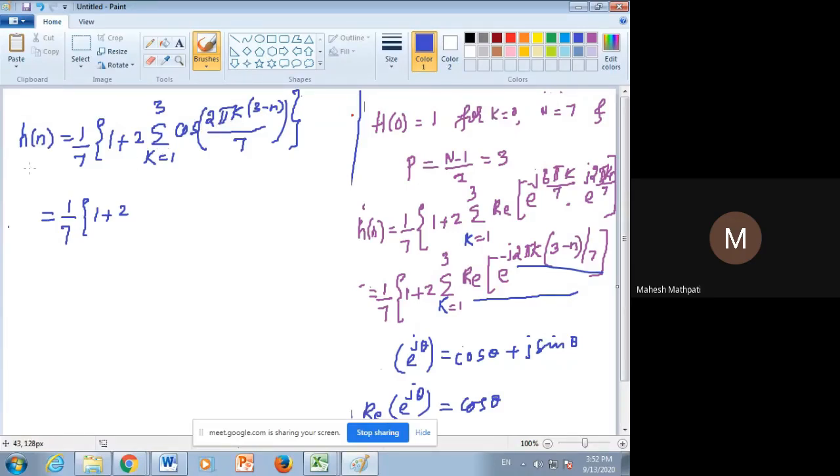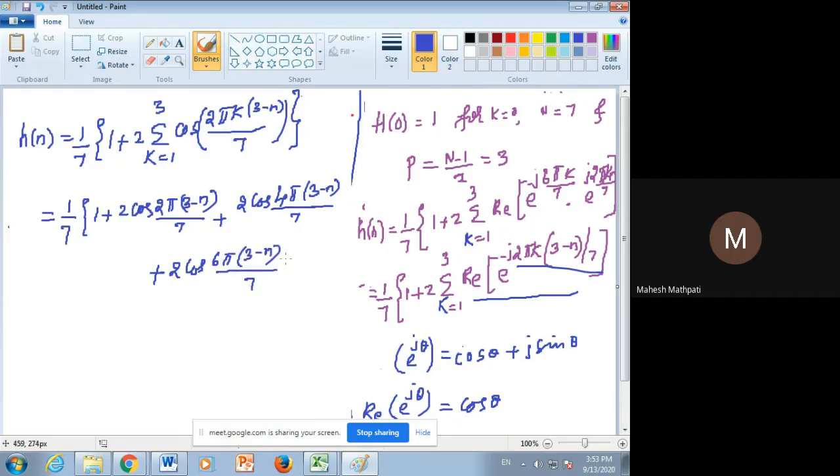If I take k equals to 1, then it's going to become 2 cos 2 pi 3 minus n by 7, plus, next is again 2 cos, if I take k equals to 2, it will be 4 pi 3 minus n by 7, plus 2 cos, what next? 6 pi 3 minus n by 7 again. So this is how the final expression we are going to get.